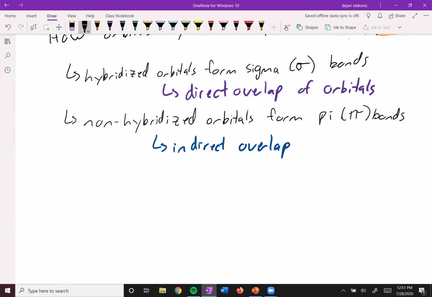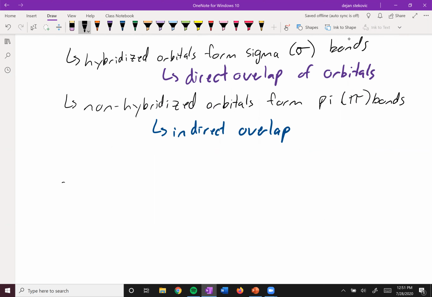So let's take a look at our first hybridization scheme, and this is sp3 hybridization. Let's see what this means. The fact that there's four letters here, or four orbitals, one s and three p's, indicates that there's four zones of electron density.